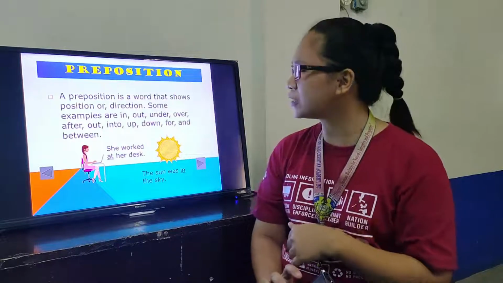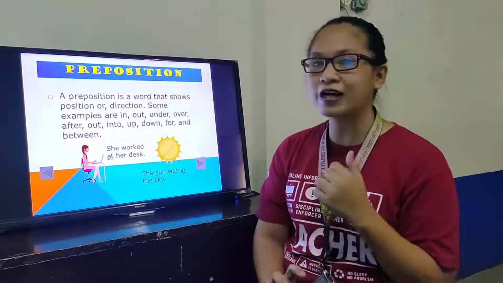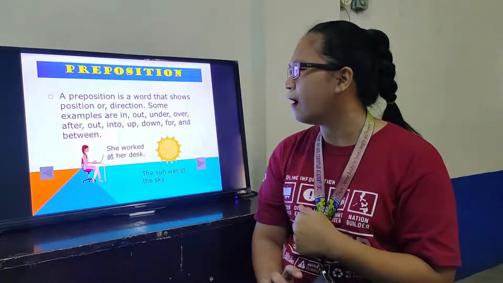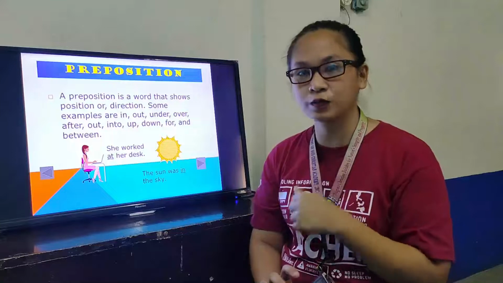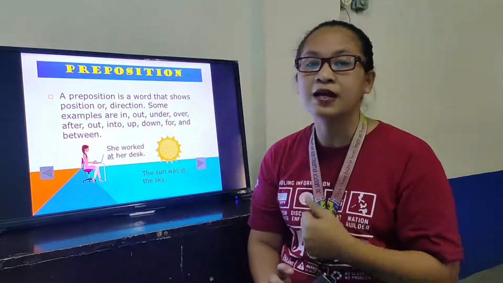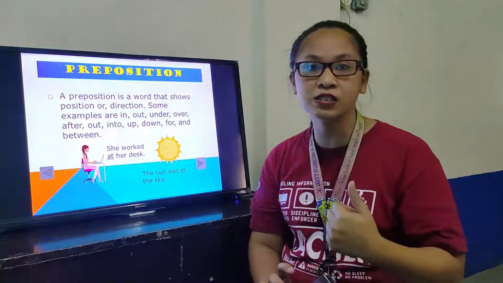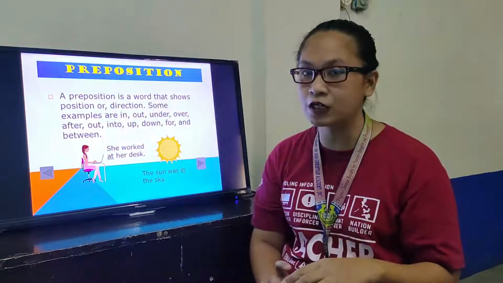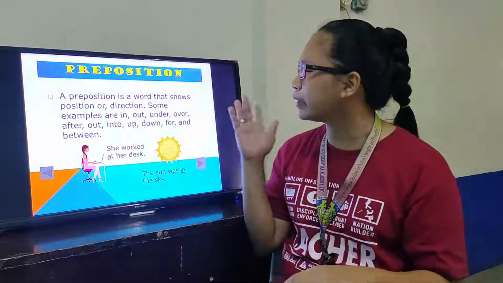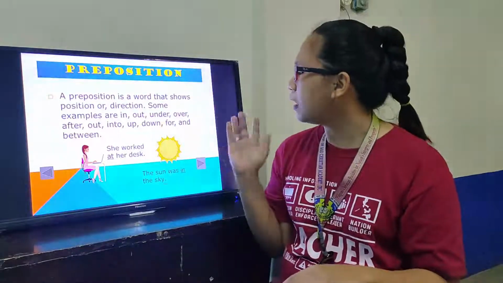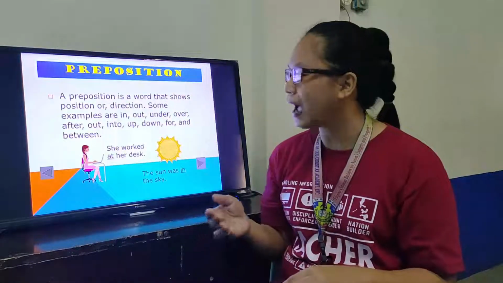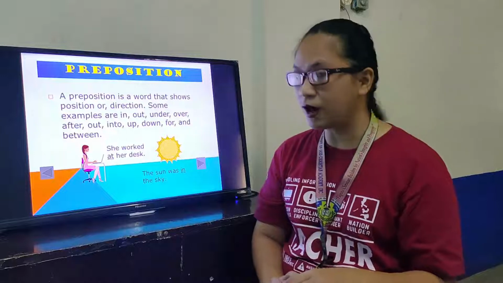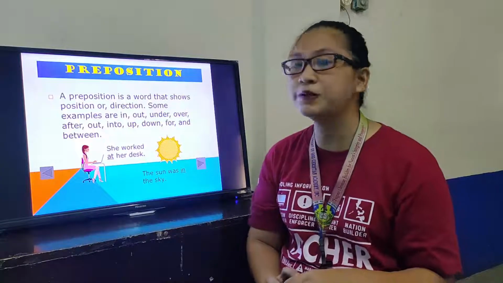When we say preposition, these are words that show the position or direction of the words, or in other words, it shows the relationship of the words to one another. I have here some examples, like the words in, out, under, over, after, into, up, down, for, and between.